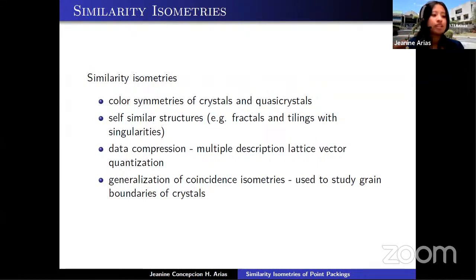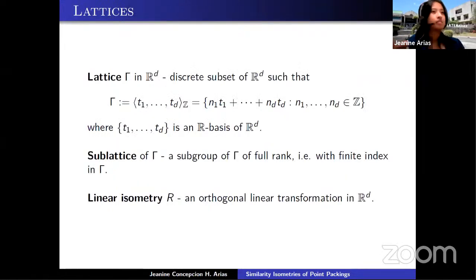So let us now proceed to define a similarity isometry formally. For this, we define the following. A lattice is the Z-span of d linearly independent vectors in R^d over R. In other words, for any basis of R^d, the subgroup of all linear combinations with integer coefficients of the basis vectors forms a lattice.